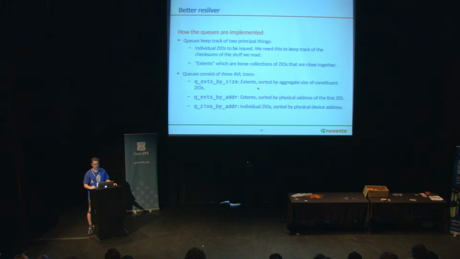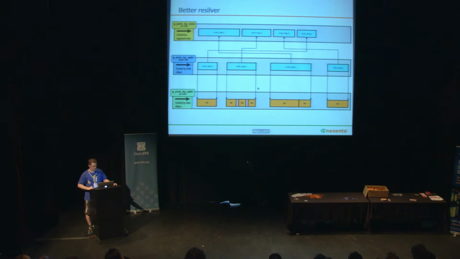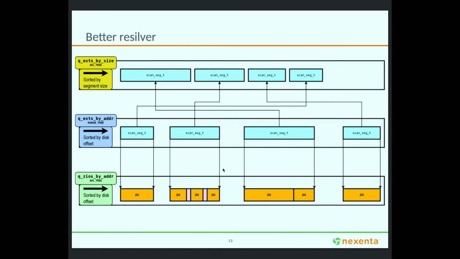Then we keep extents tracked by address on disk, so we know how to assign ZIOs to them as they come in. And then, of course, we keep track of the individual ZIOs that are to be issued. So this is roughly what the layout looks like, from top to bottom: extents by size, extents by address, and then finally the ZIOs by address.